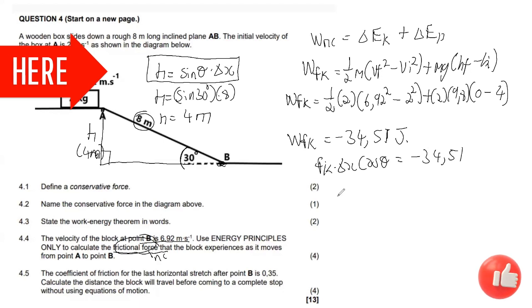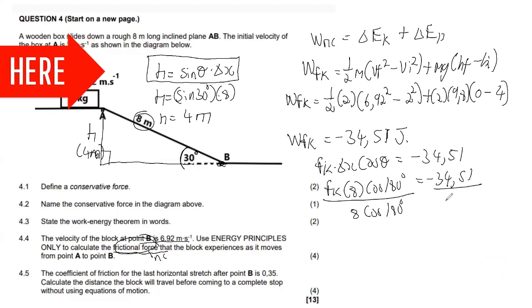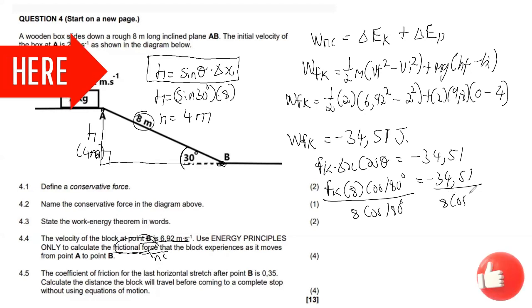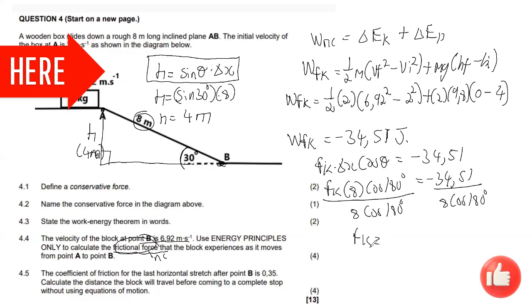So we have 34.51. Then we have our Fk, our delta x is 8, then cos 180 degrees is equal to negative 34.51. We divide both sides by 8 cos 180, which is just negative 8. So we have negative 34.51 divided by negative 8.